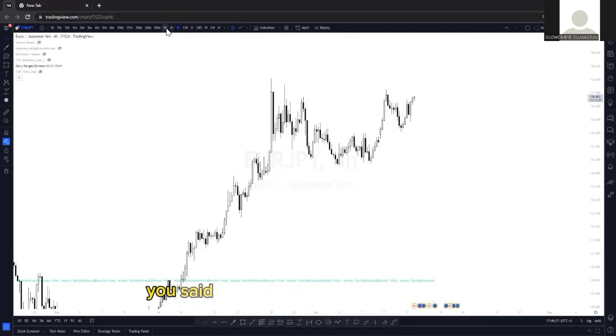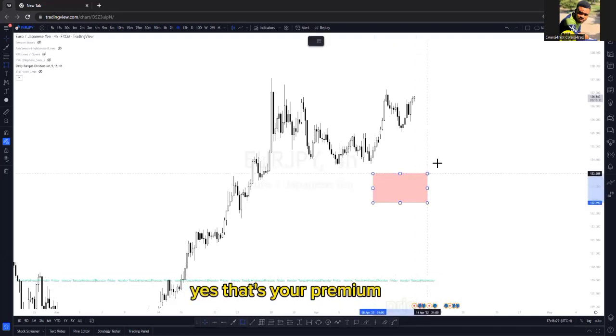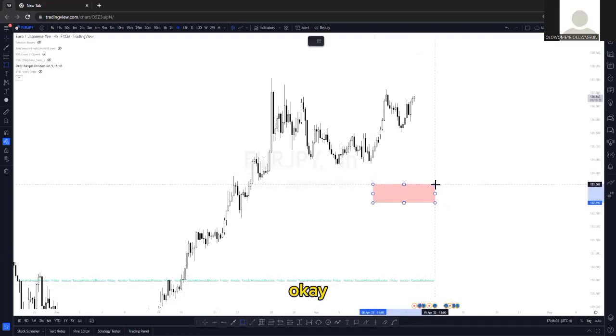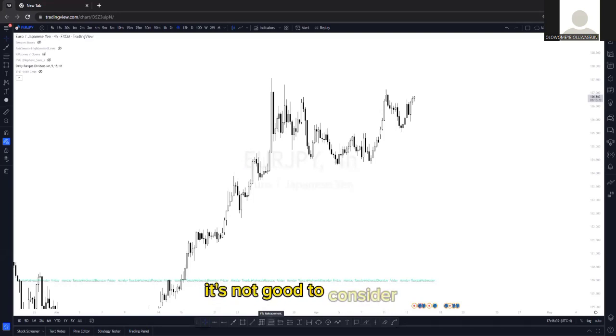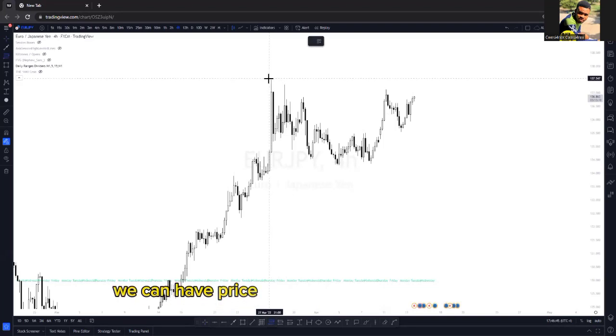Yes, you said if we want to locate the POI, that it has to be between the 61.8 and the 78.6, right? Yes, that's your premium price. Okay. What if it's above it? Like if it's below the equilibrium, that means it's not going to be considered. Yes, but if it's above it, it's also good. We can have price giving us our POI at extreme.